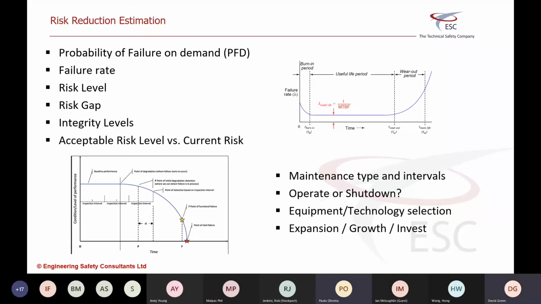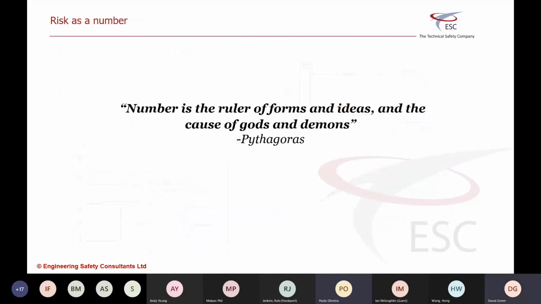So for all of you guys that are kind of nodding and going, yeah, that number, know the number, makes me feel comfortable, I'll give you this quote from Pythagoras: "Number is the ruler of forms and ideas and the cause of gods and demons."